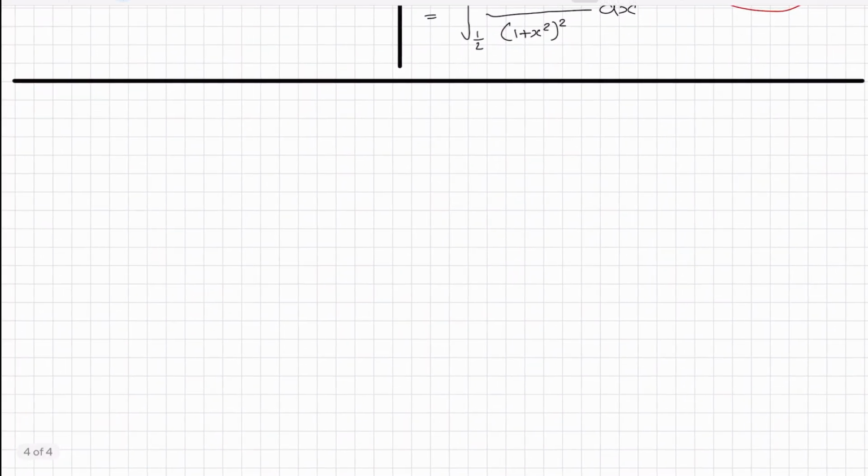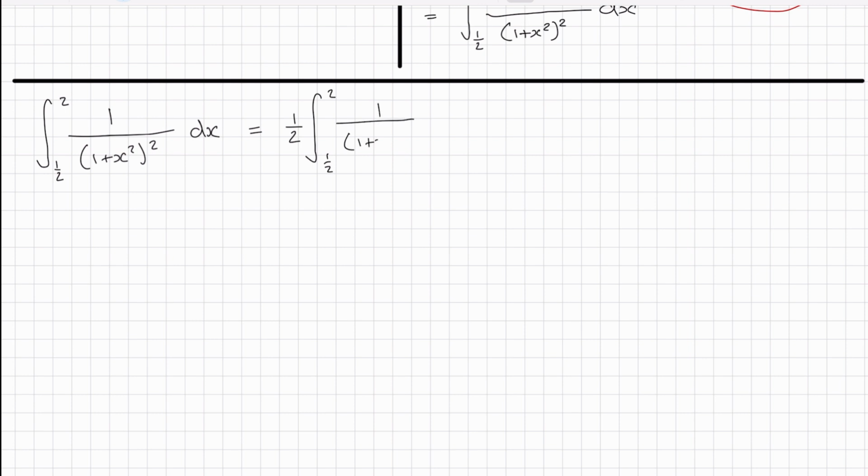So we can then write, back to the thin pen, our integral 1 over x squared dx as half of itself plus half of itself again.